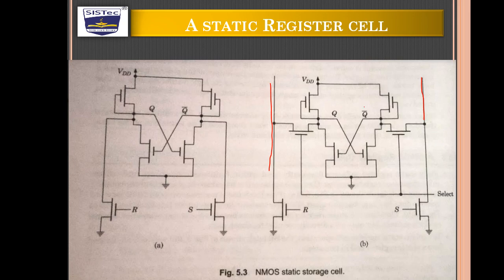If we talk about figure 5.3a, this is the bus lines, this is a pull-up network, while this is a pull-down network. We have two outputs, Q and Q bar.